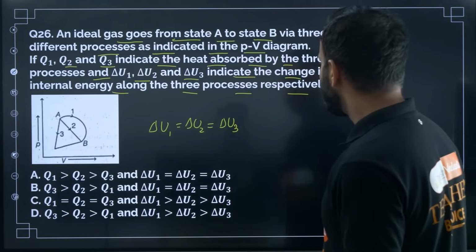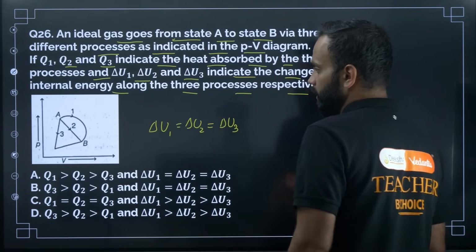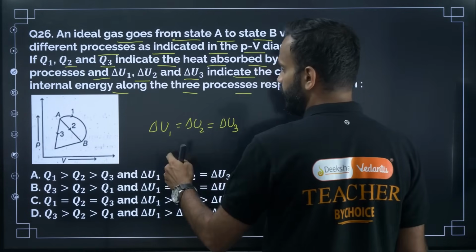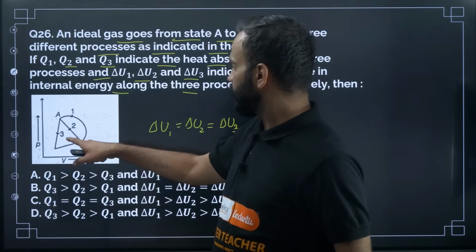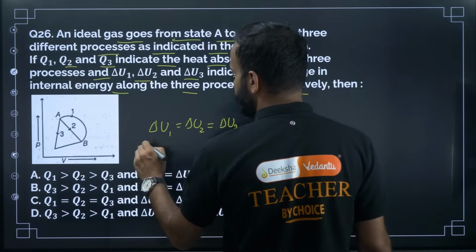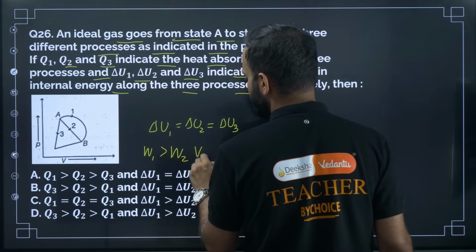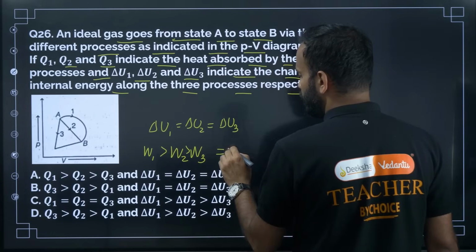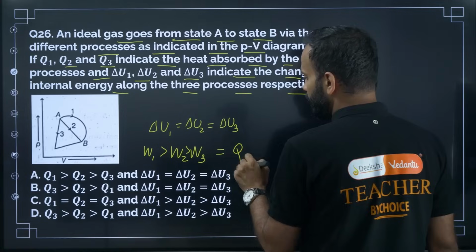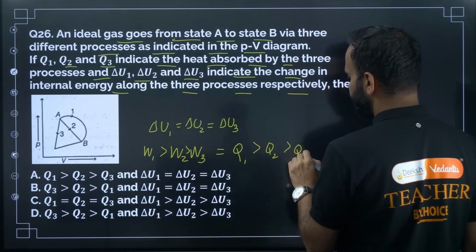So let us find the heat, Q1, Q2 and Q3. The work done in a PV graph is the area under the curve. So W1 is greater than W2 is greater than W3. From this I can conclude that Q1 is greater than Q2 is greater than Q3.